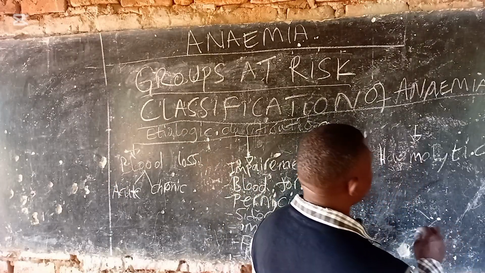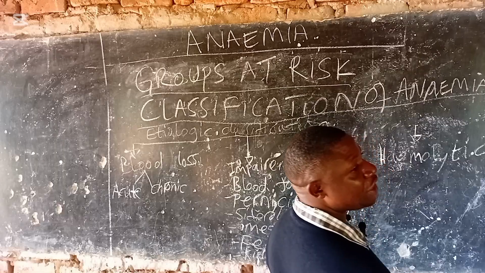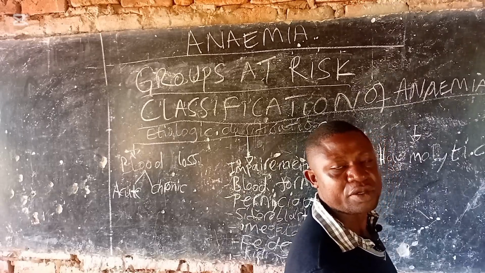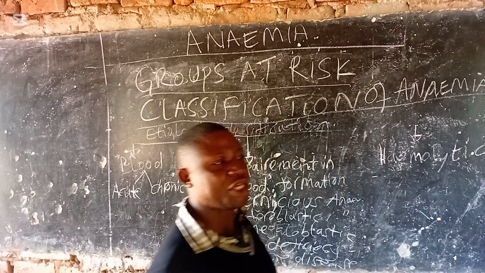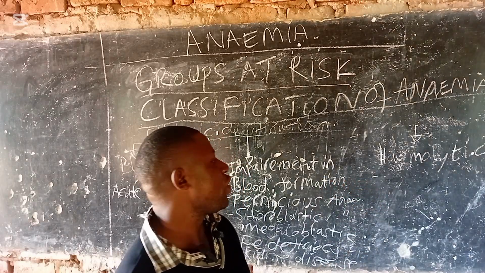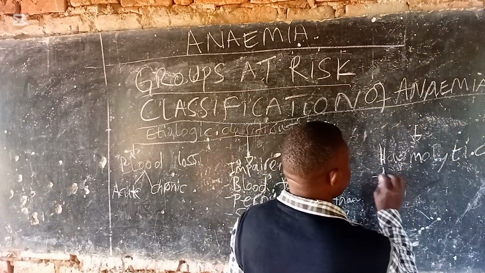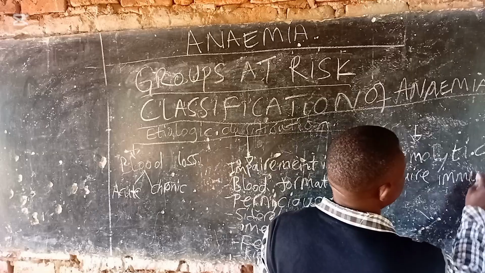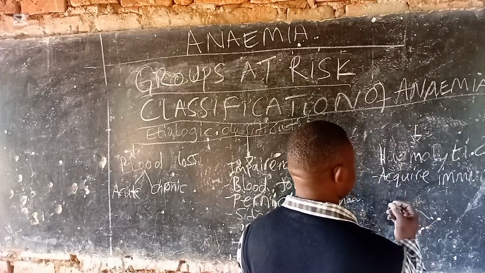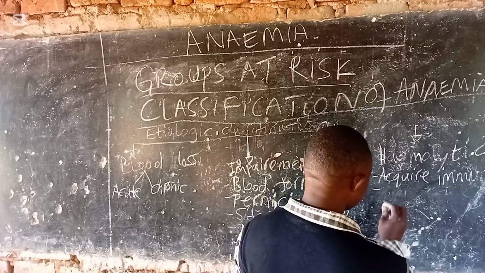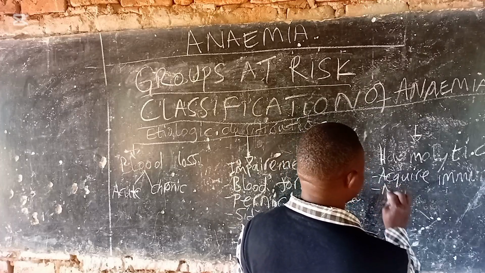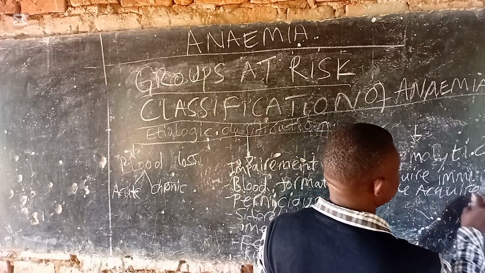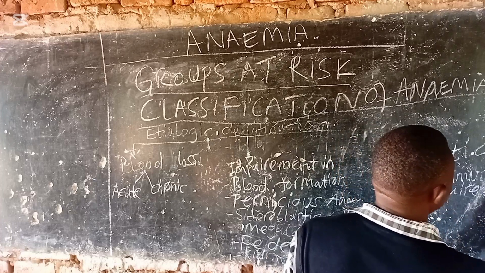Then under hemolytic anemia, we have acquired immune anemia, then non-acquired immune.